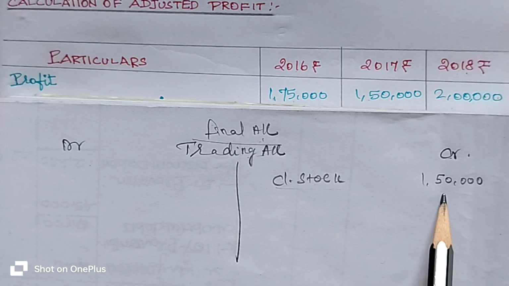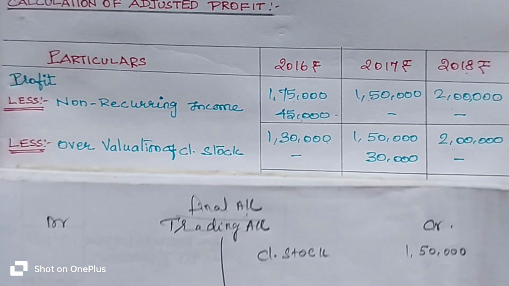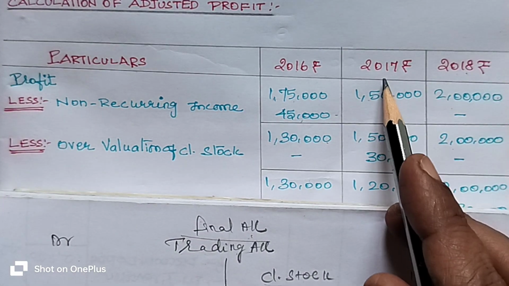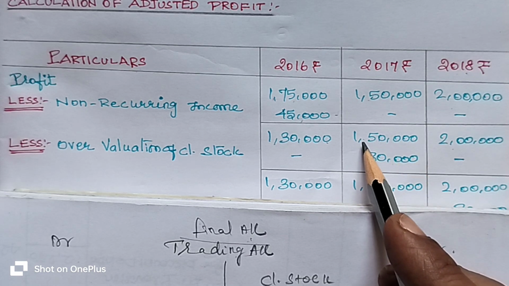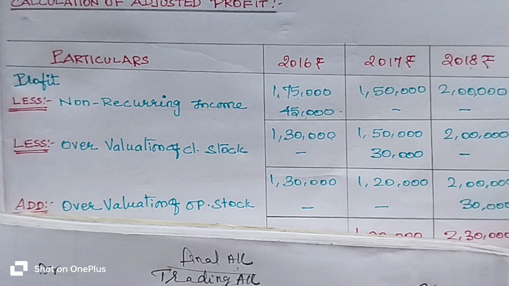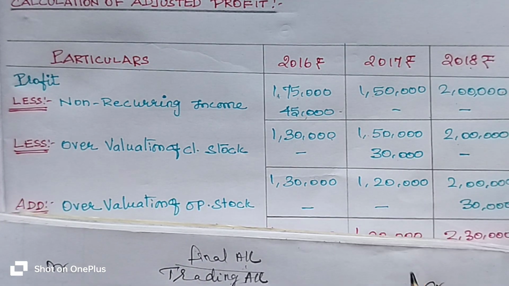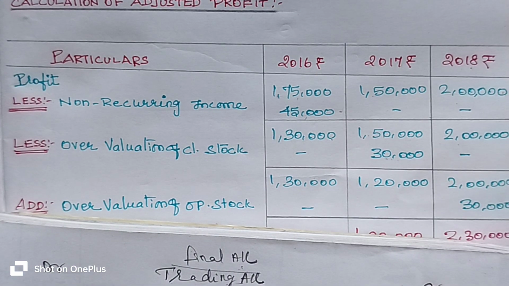What is the actual value of the closing stock? In the year of 2017, the actual value of the closing stock is 1,50,000 rupees. But by mistake, we entered the closing stock overvalued, 30,000 rupees.